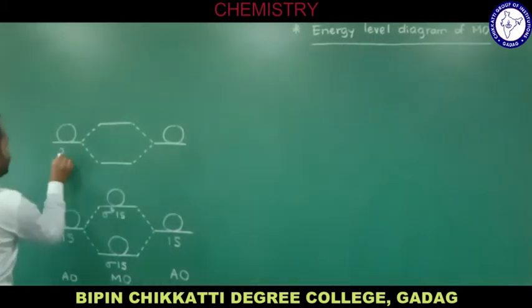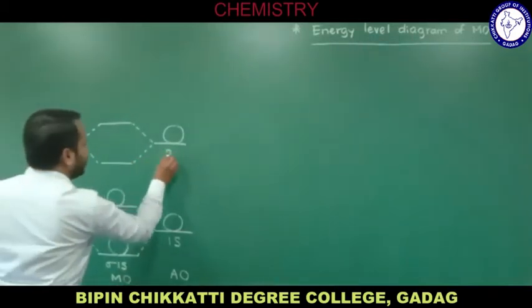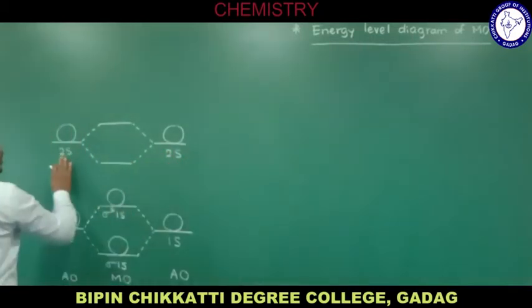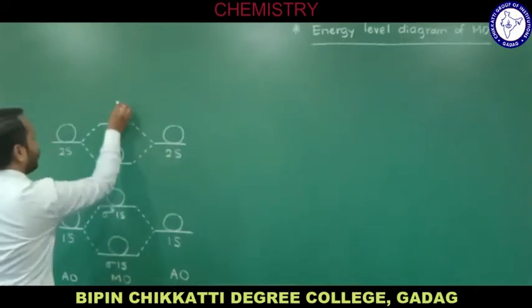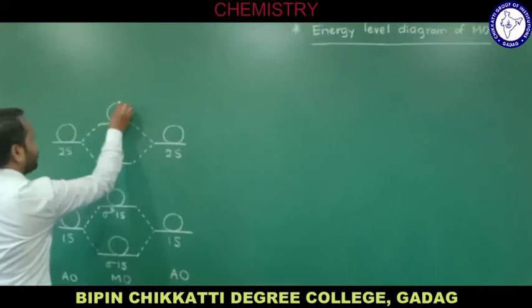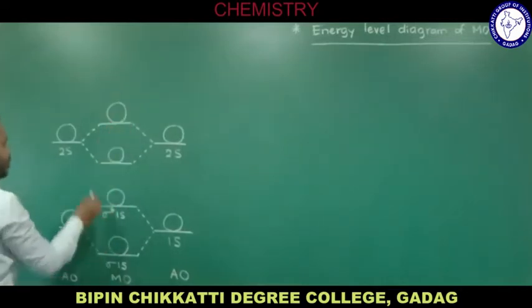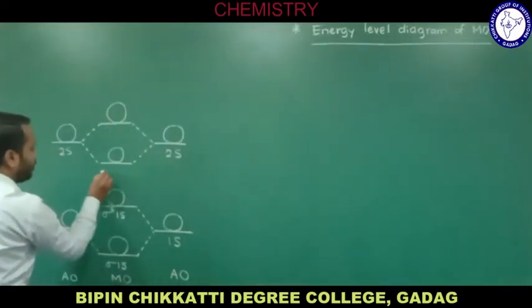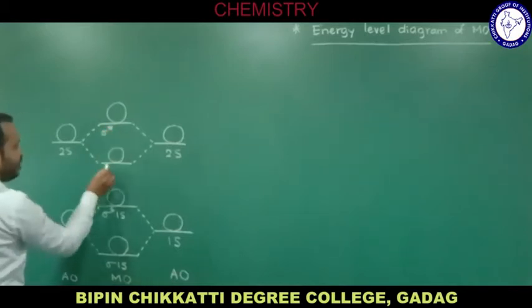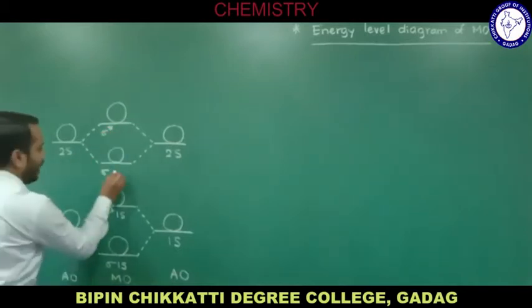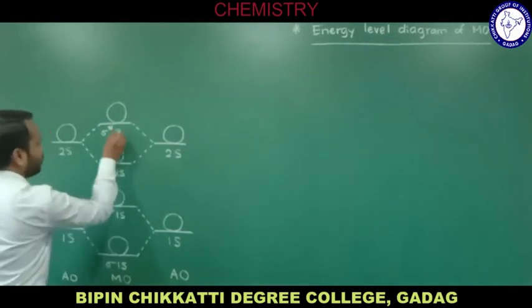So this is for the 2s and this is for the 2s. When 2s atomic orbitals combine, we get two molecular orbitals. One is BMO and one is ABMO. Since we have s-s overlapping, we get sigma and we get sigma star, and this is BMO and this is ABMO, and it is of 2s and it is also of 2s.